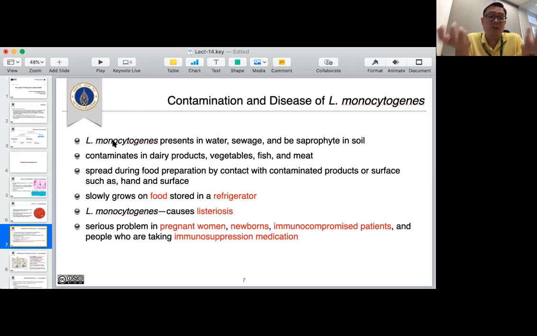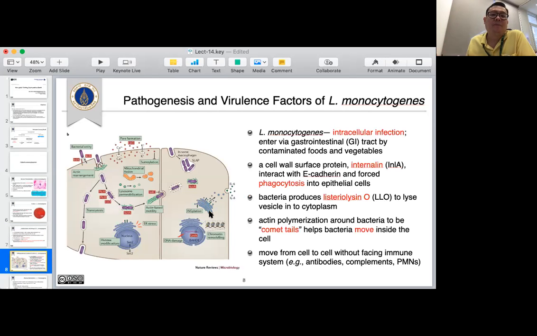You do not cook the vegetables. That's a high potential to contaminate with L mono, and you keep the coleslaw and mayonnaise in the refrigerator. That's the point. L monocytogenes causes a disease called listeriosis. It is serious for pregnant women, newborns, and the immunocompromised. Okay, that's the point.